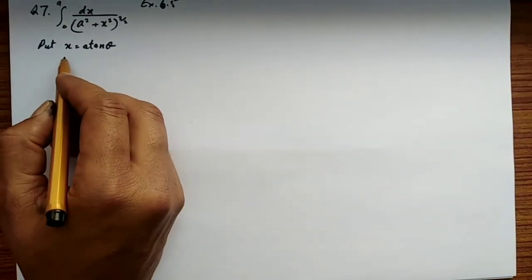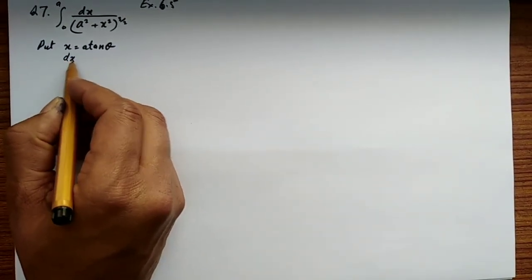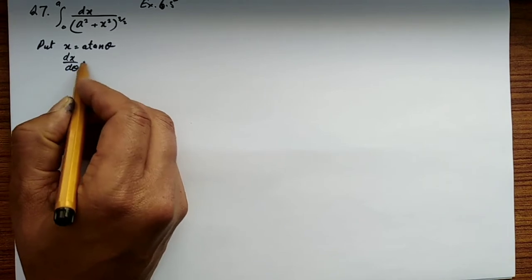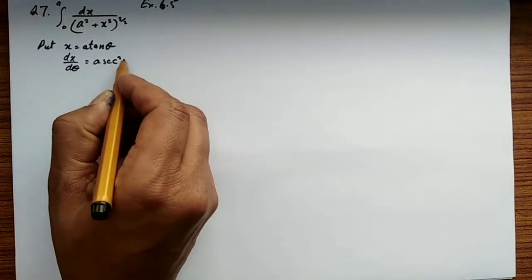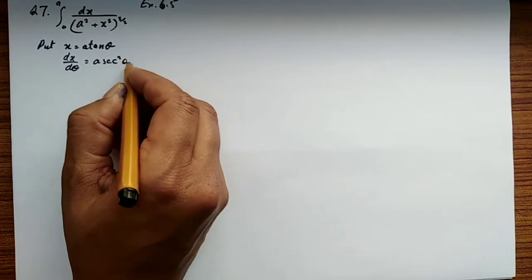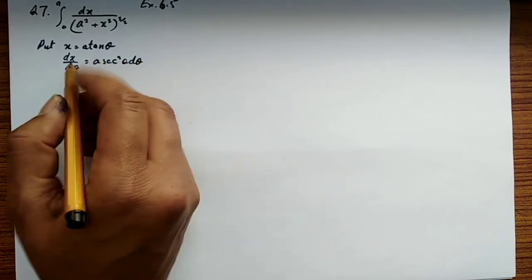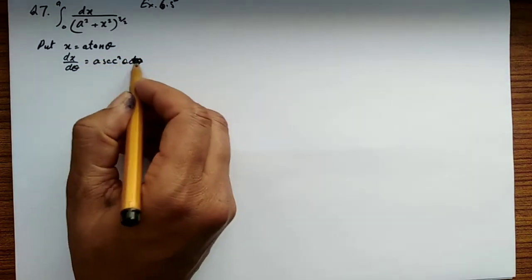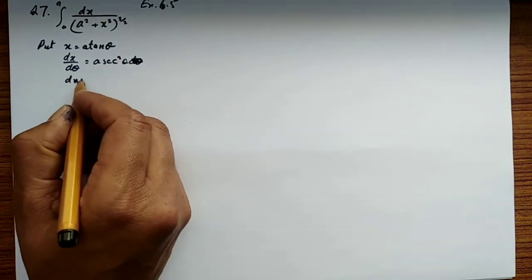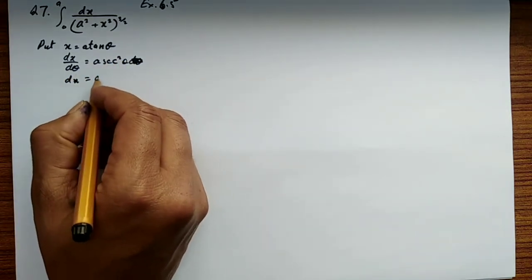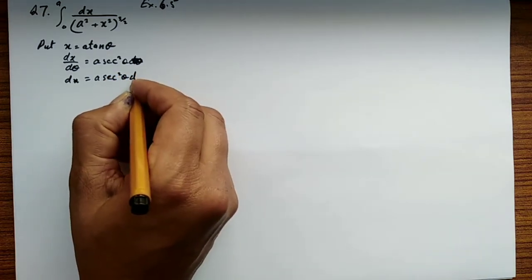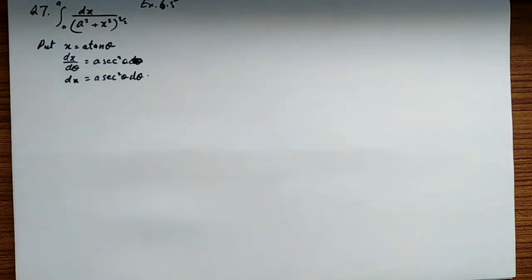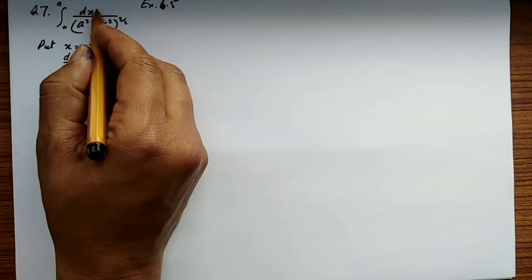And finding the derivative of this function, dx upon d theta, this will give us a sec square theta d theta. Okay, if I shift this, dx equals a sec square theta d theta. I've multiplied this d theta over here just to get the value for dx.